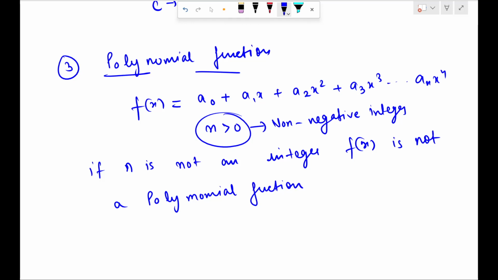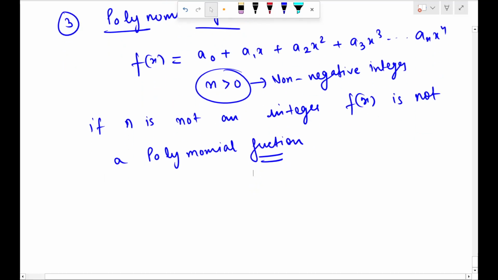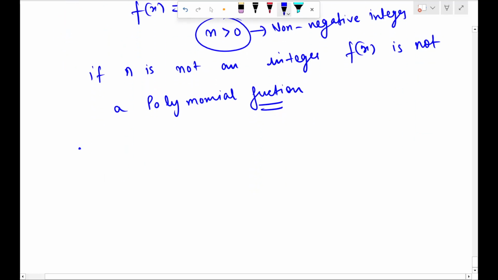How to plot the graph of a polynomial function?